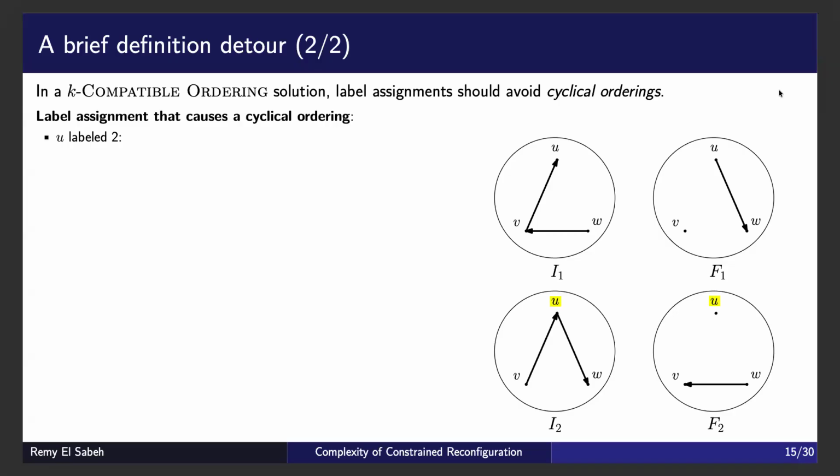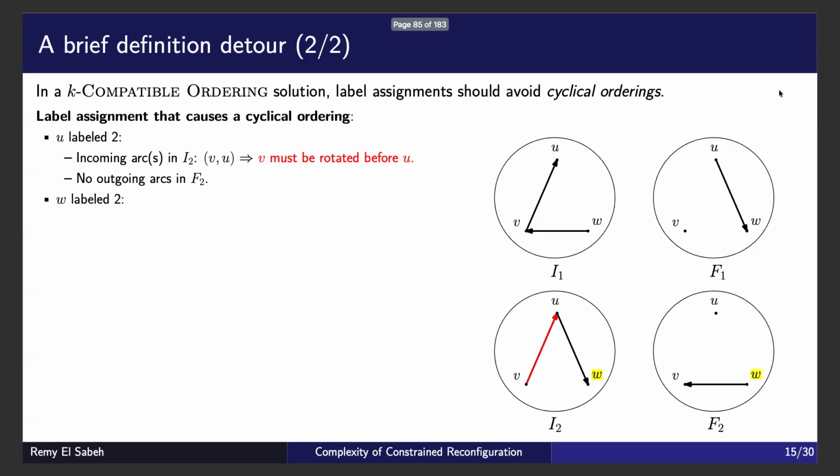The constraints that we need to abide by are the incoming arcs to U in I2, because remember that initial position means a choice on the head is what dictates whether a constraint shows up or not. So in this case, we look at what's incoming to U. That's V must be rotated before U. And we look at what's outgoing from U in F2, which there's nothing there, so we're happy.